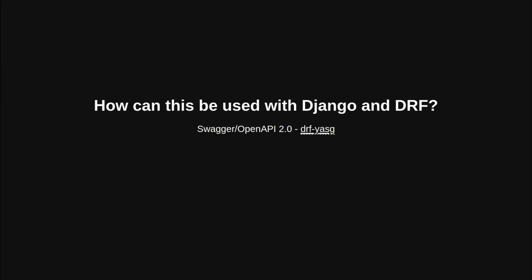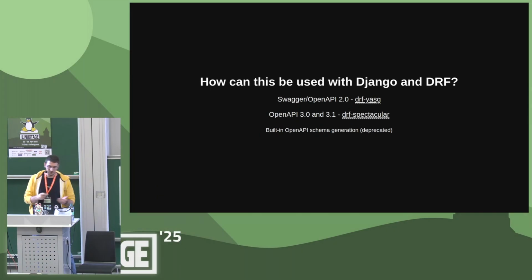This is how this project used to be known before. The current specs are OpenAPI 3.0 and 3.1, and those can be generated with drf-spectacular. A small notice: there was a built-in schema generator inside of the Django REST Framework. This is now deprecated. And the documentation of Django REST Framework is also forwarding to drf-spectacular in order to generate the specs.